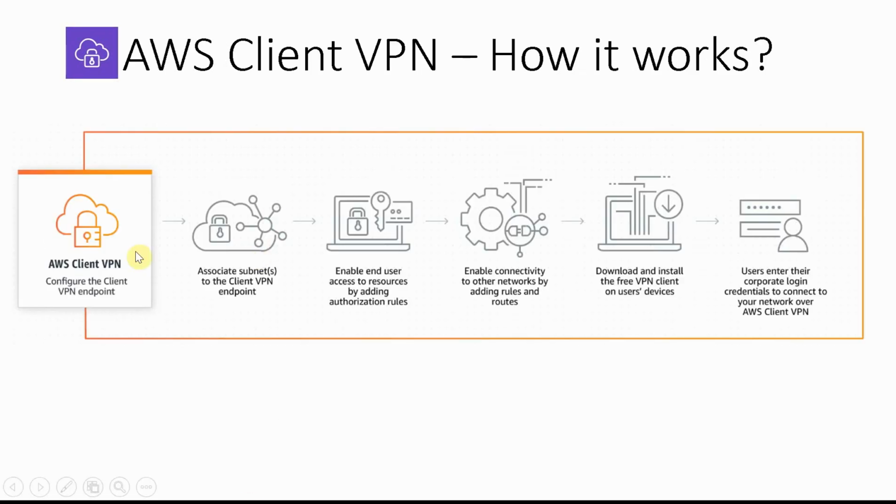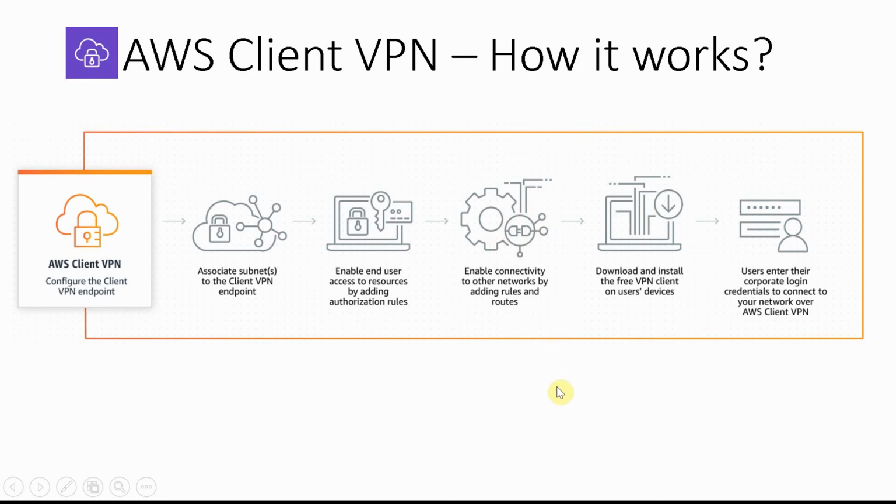So this is how it works. Generally, you create a client VPN connection, and define where he should have access and what privileges. You will say this subnet he should have access to, and the authorization rules will be added. Then you enable the connectivity to all the networks and rules. This is all the configuration part.